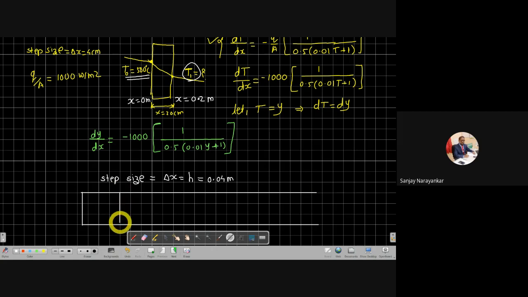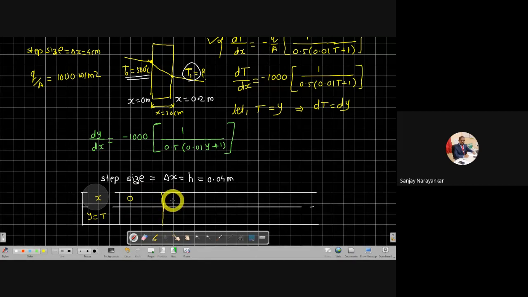So let's say one more horizontal line we want. Fine. So what we are writing here, the x value, right? And here y is nothing but the temperature. Fine. So x value starting from 0.